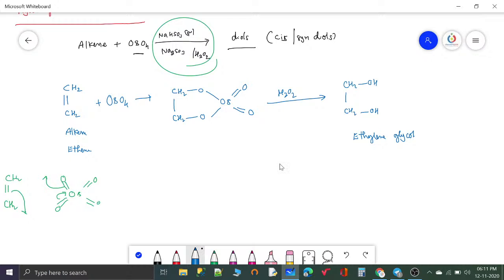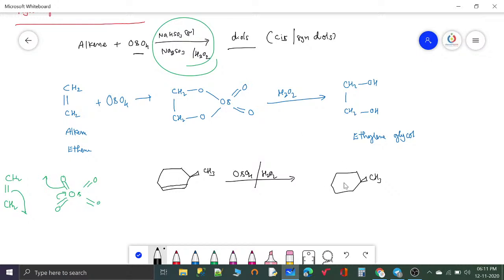Okay, so let us take another molecule and see how it gives the product. Let us take a cyclic molecule, cyclohexene with one methyl group here, and add osmium tetroxide and H2O2, and you will get a molecule like this, with CH3.